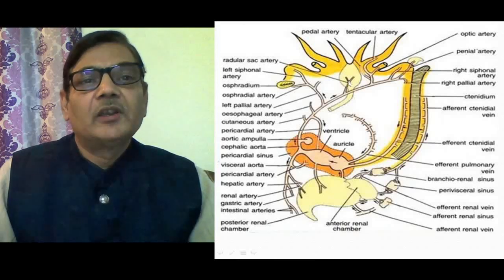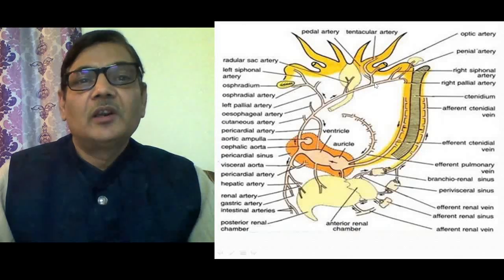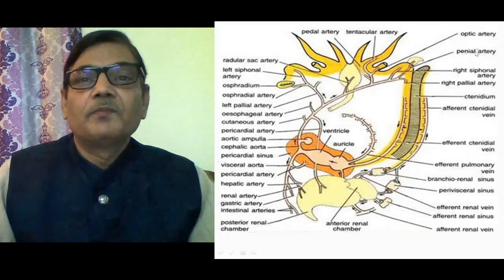So it is called the radular sac artery, that is, the radula or buccal mass receives blood through this artery. Then again it goes anteriorly, and its branches are the optic artery, supplying blood to the eye. Then the penial artery, supplying blood to the copulatory or genital structures which are located in the branchial chamber.